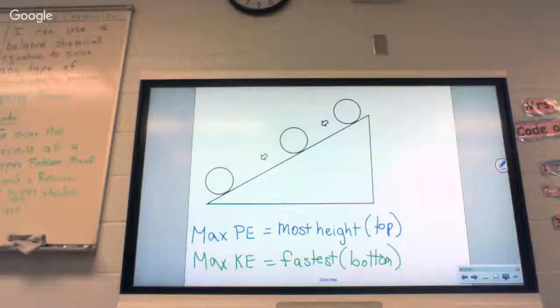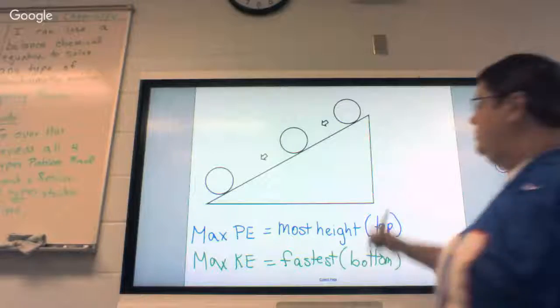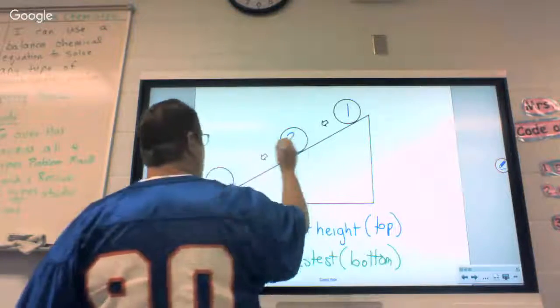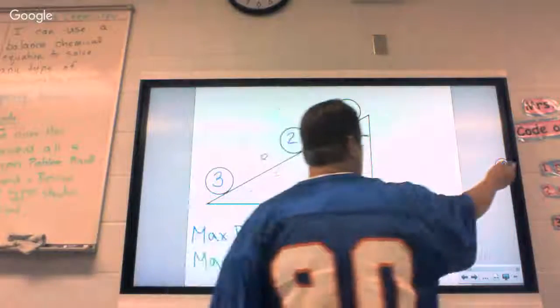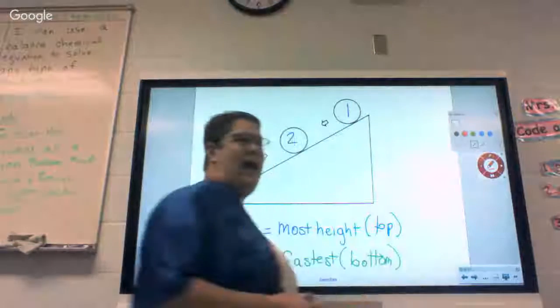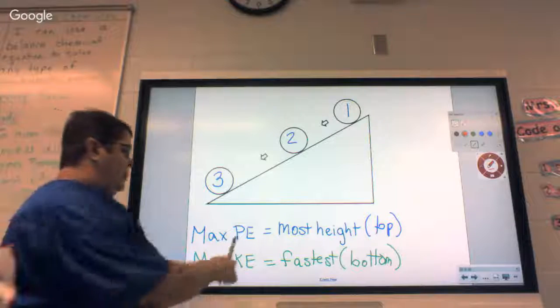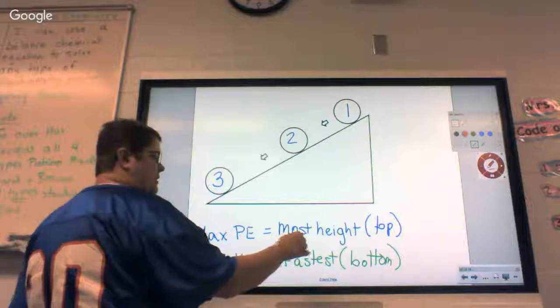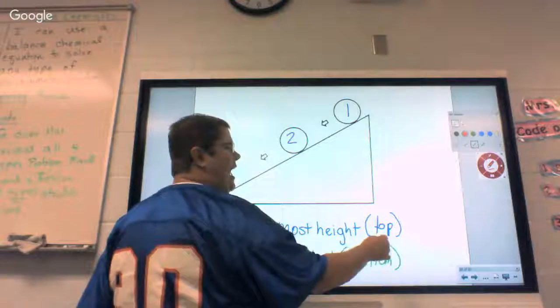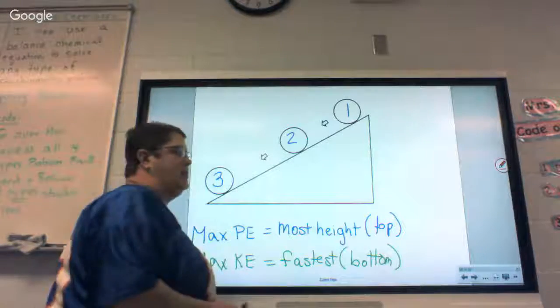Now, so if we label these circles 1, 2, and 3, where would the maximum potential energy be? Maximum potential energy has the most height. It's always at the top.